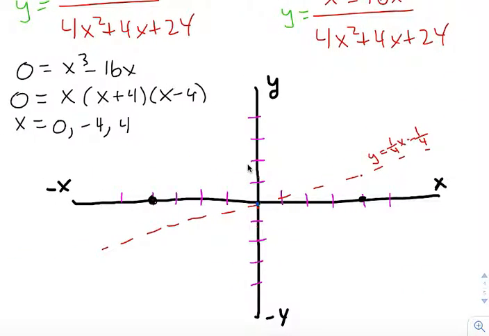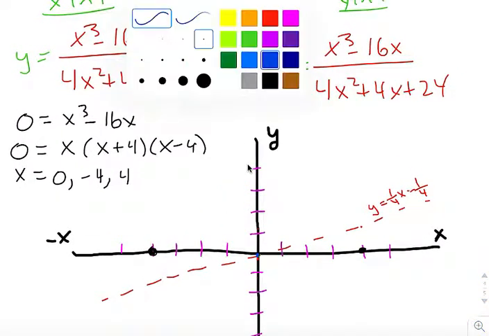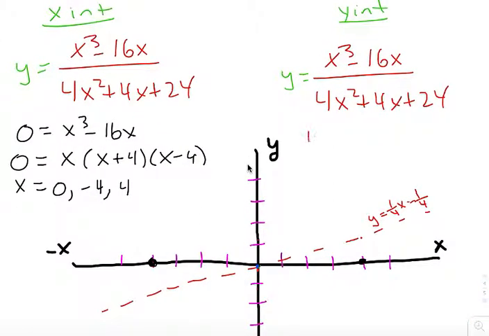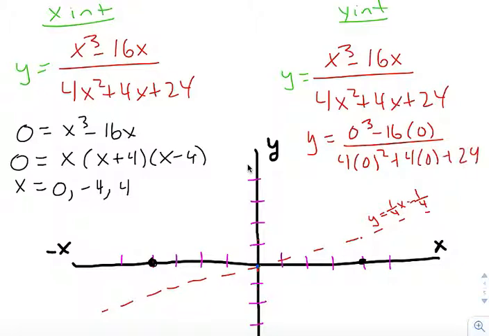Now this also tells me that y will probably also be 0, but we can confirm that by looking at our y-intercept value. Remember, the y-intercept value is when x equals 0, and so we have y equals 0 cubed minus 16 times 0 over 4 times 0 squared plus 4 times 0 plus 24. Now, everything here is 0, so the top is 0 over 24, which means we cross at y equals 0, which we have already marked.